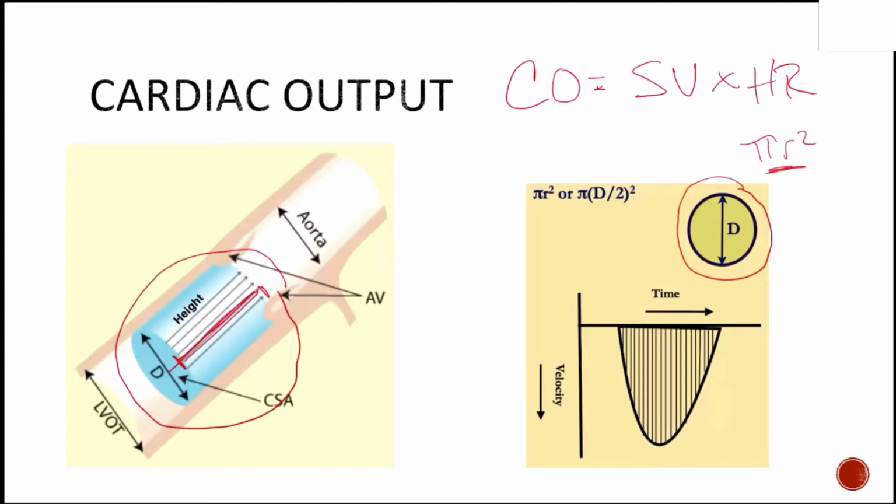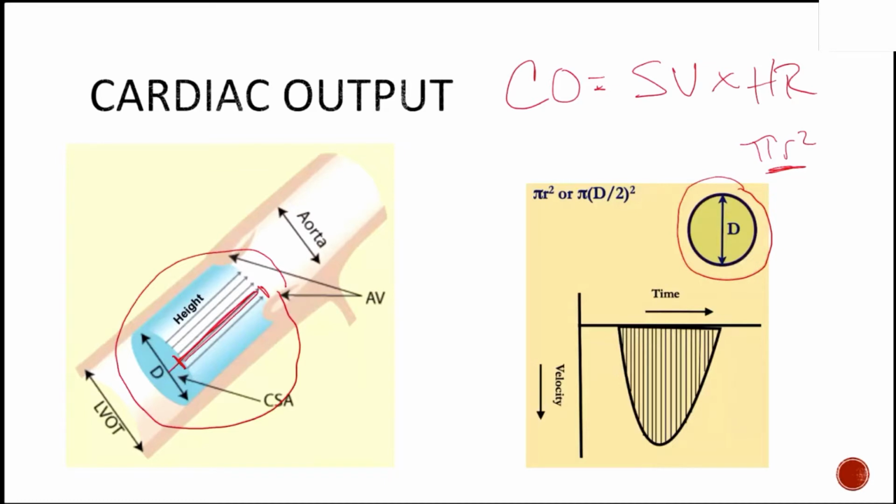Now the question is, how do you calculate your height? We're just using something called our VTI, our velocity time integral, to calculate the height, or basically the distance that red blood cell is traveling during that heartbeat. The VTI just means this is how far this group of red blood cells that we're measuring traveled during one beat.